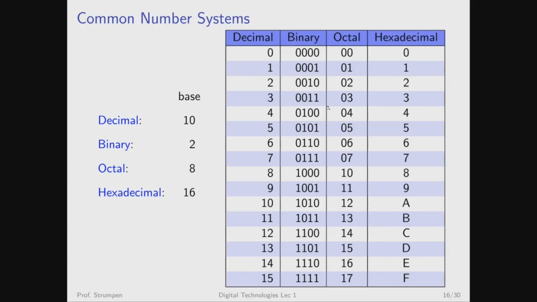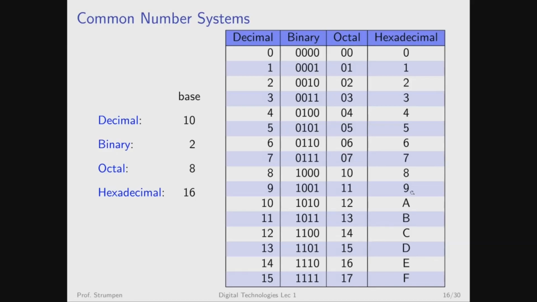In particular, the first 10 numbers, 0 through 9, are represented by the same decimal digits that we use for decimal numbers. And now we've got a little problem. We are running out of decimal digits.